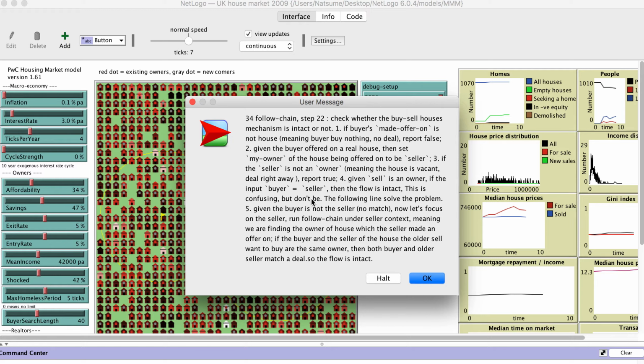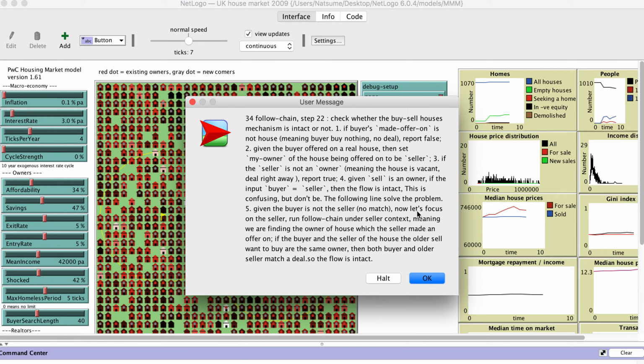But we don't need to be confused, because the following line solves the puzzle. The following line of the code says, let's assume the buyer is not the seller. They are not the same person and not the same household.